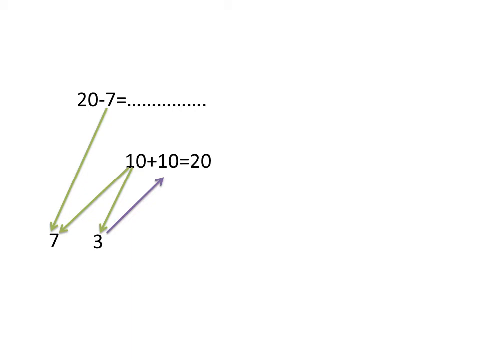Now for this 10, when we add this 3, 10 plus 3 is equal to 13. So we got our answer: 20 subtract 7 is equal to 13. We got our answer. 20 subtract 7 is equal to 13.